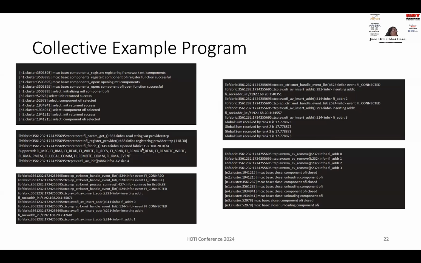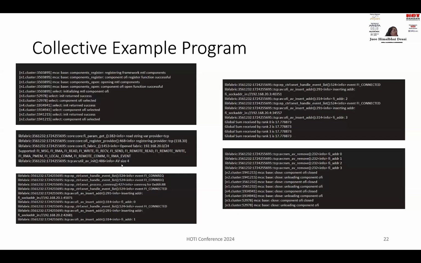And then it opened the fabric that was associated with the ETH2 interface, which is 192.168.20.0. And then we also see that it registered the TCP provider. And then this fabric has all these capabilities available to it. But again, we are trying to just use FI send and receive here, because we send and receive our global sum between all the processes.